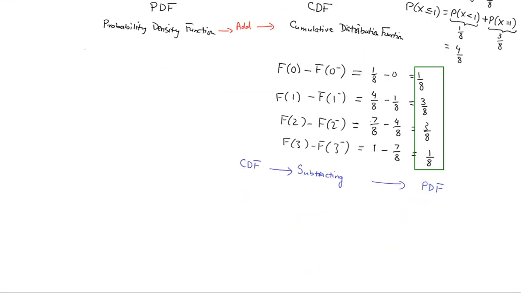And I don't know if this appeals to you right now. It might be hard to understand right now why this should be important, but hopefully in later lectures you will see the importance of this connection. But for now, let me just summarize this: from density you add and you go to the cumulative distribution function, and from the cumulative distribution function you subtract and you go to the density.